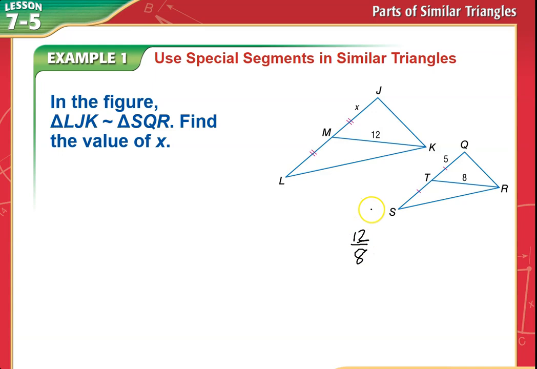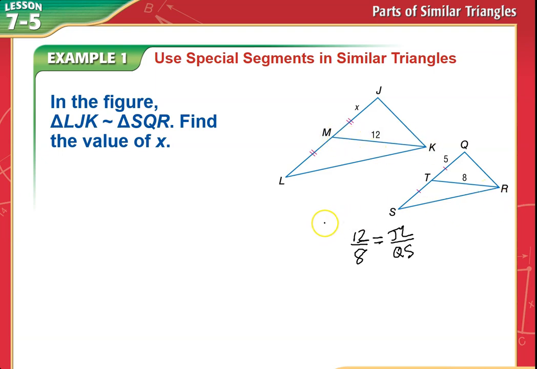And we know that JL to QS should be in the same ratio, or these should be proportional, because this is a median bisecting the opposite side from the vertex.